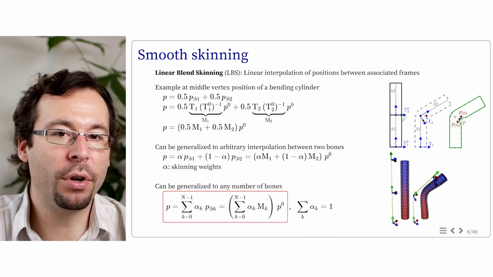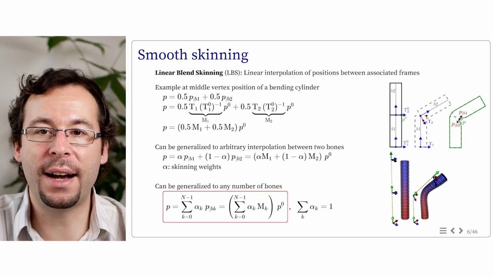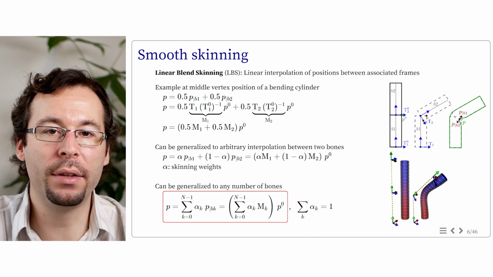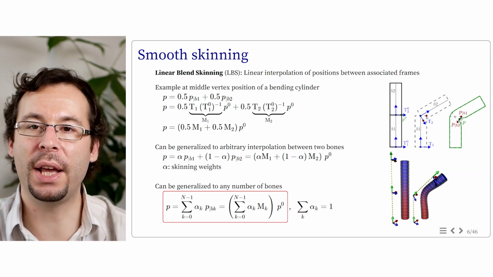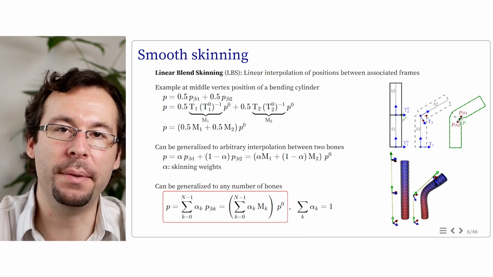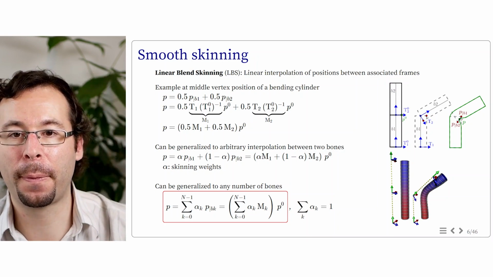And to preserve a correct global transform, the weights alpha need to sum up to 1 to distribute their influence, and all the weights should also be between 0 and 1.